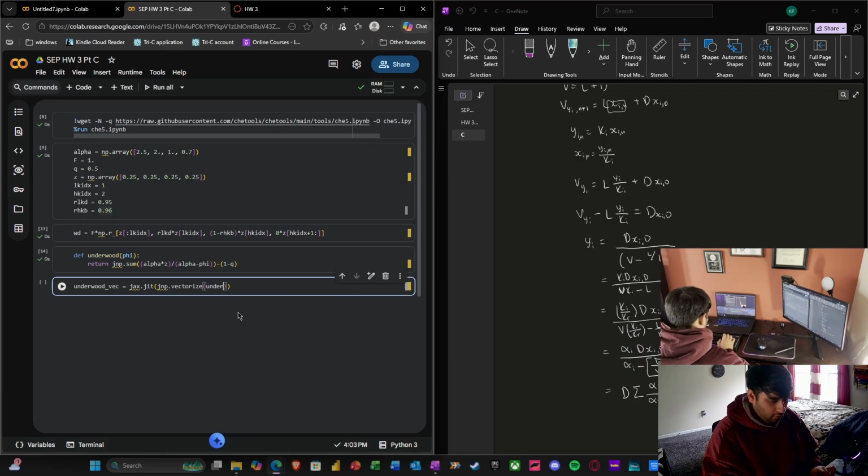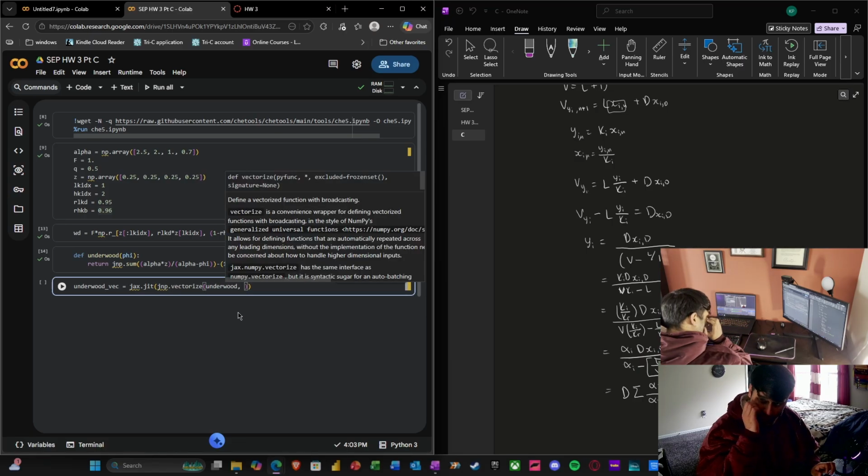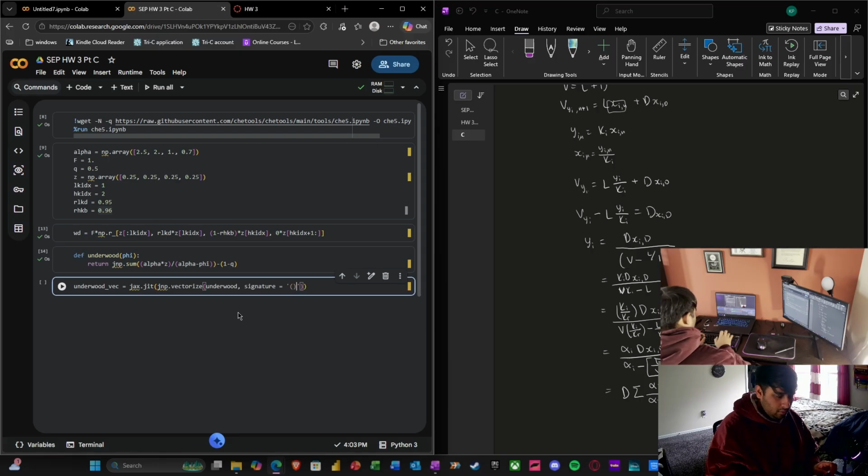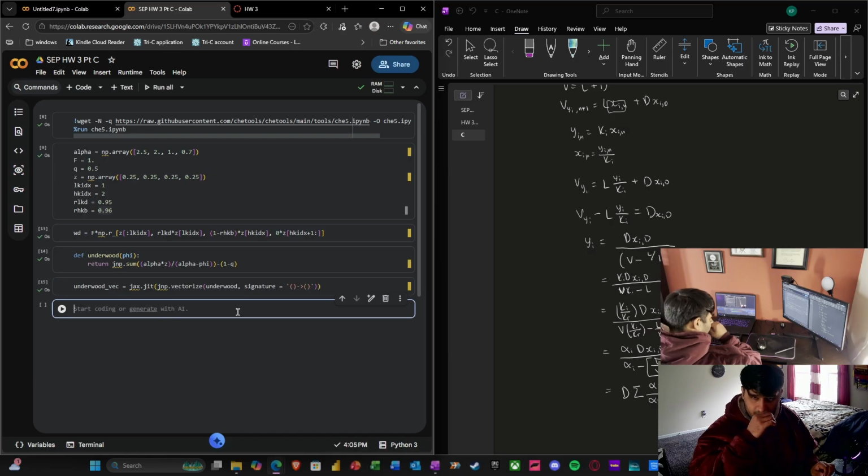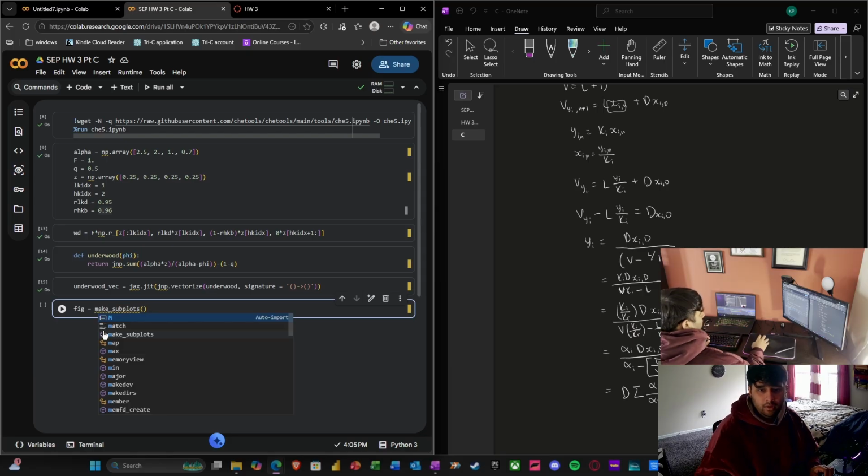We're going to have our Underwood as our parameter, and then signature equals that. That should work. Yes. And then fig equals make underscore subplots. There we go.